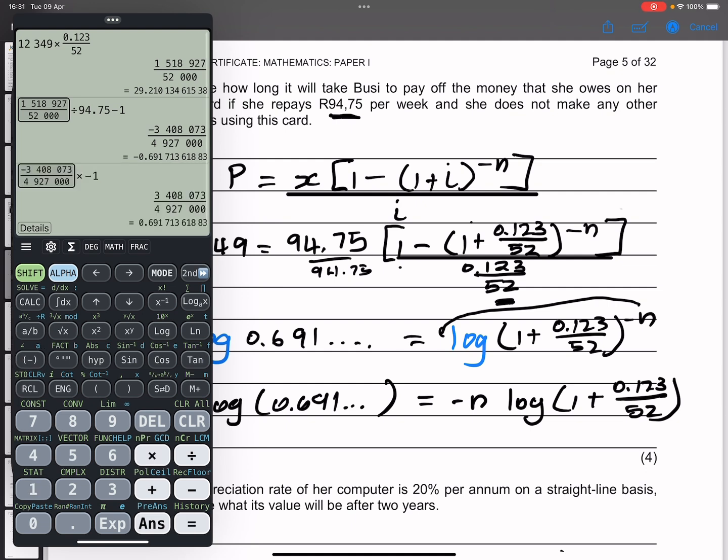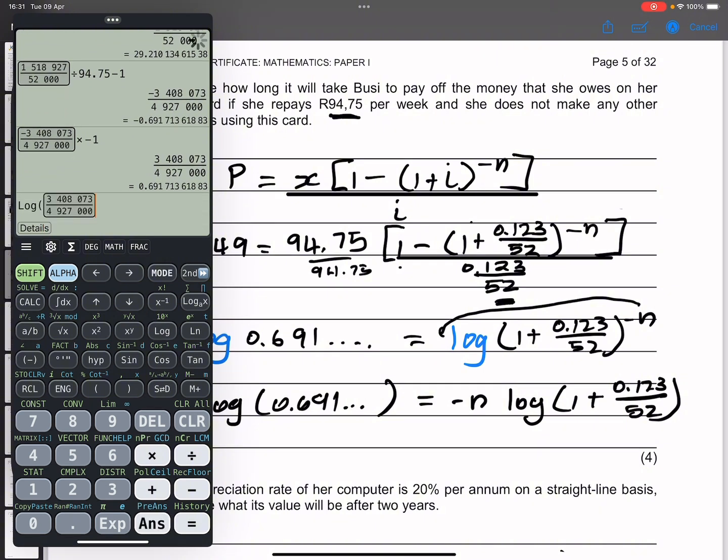I get that. So I'm going to say the log of my answer, divided by, so I'm going to divide both sides by the log of that entire thing, of 1 plus 0.123 over 52.